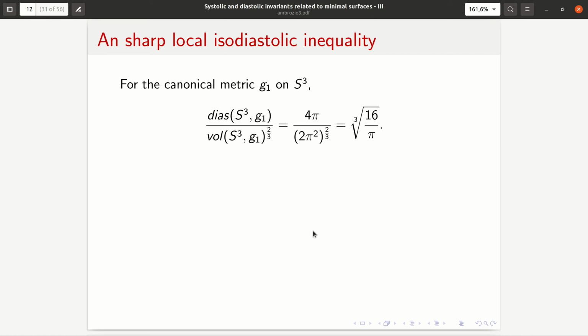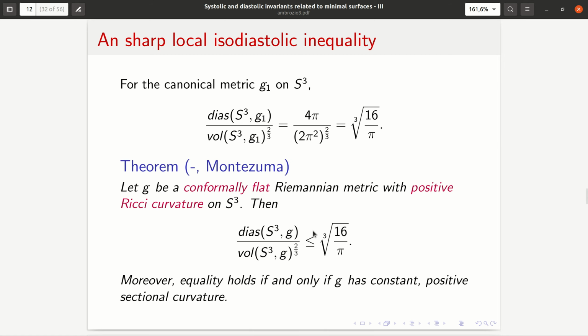Let me state the full theorem that I proved with Rafael Montezuma. Assume g is a Riemannian metric in the conformal class of the canonical metric g1 that has positive Ricci curvature.